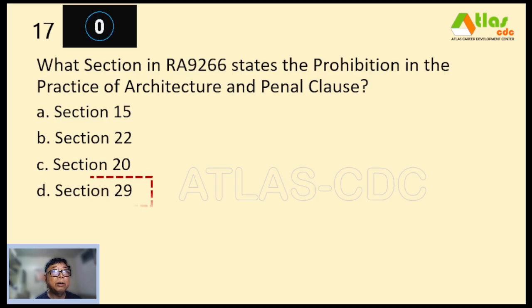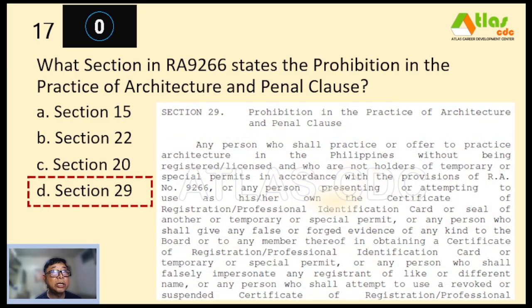And our correct answer is letter D, Section 29. So ito yung section na to, yung mga illegal practices, no? Prohibition in the practice of architecture and penal clause. Yung Section 30 ay prohibition in the practice of architecture. Walang nakalagay na and penal clause, no? So yun ang pagkakaiba ng Section 29 tsaka Section 30.